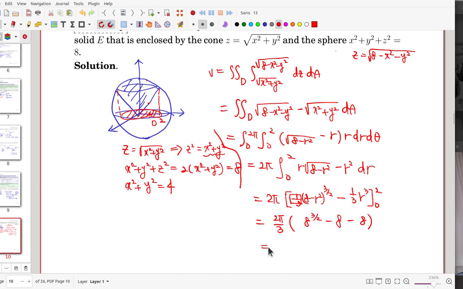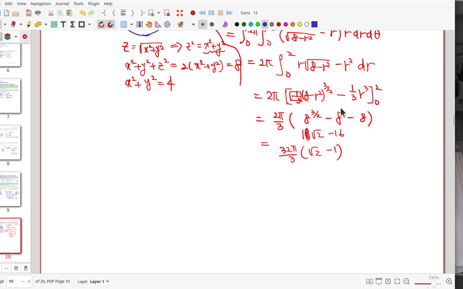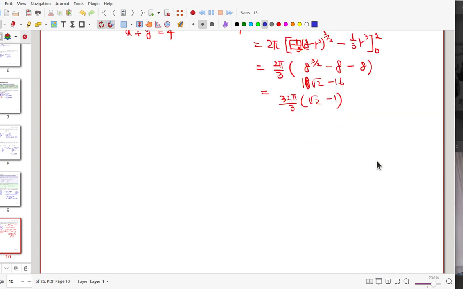Now 8 can go out. The first term is the same as 8 times square root of 8, which means 16 square root of 2, minus 16. Okay, 16 can go out. So we get 32 pi over 3 times square root of 2 minus 1. Okay, so that must be the final answer. Is it correct? Yes, it is correct.